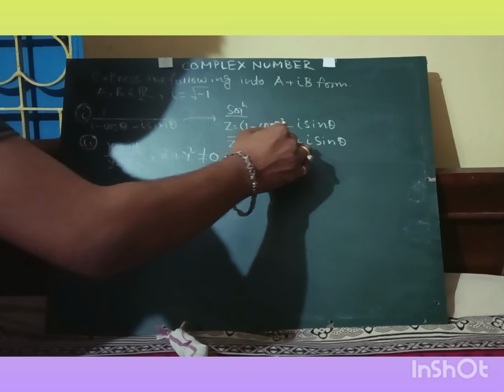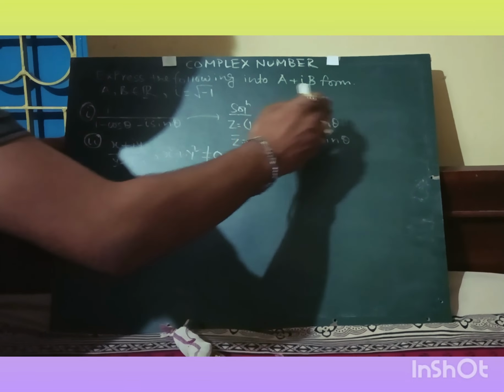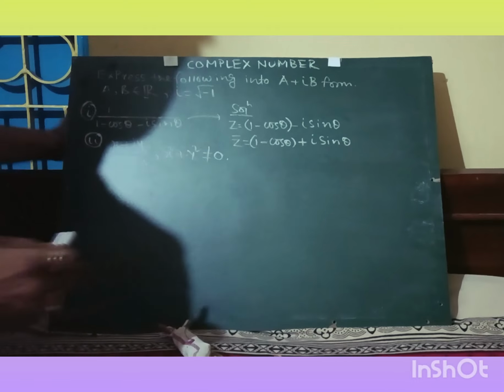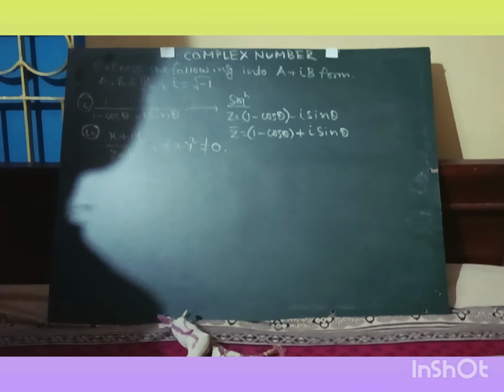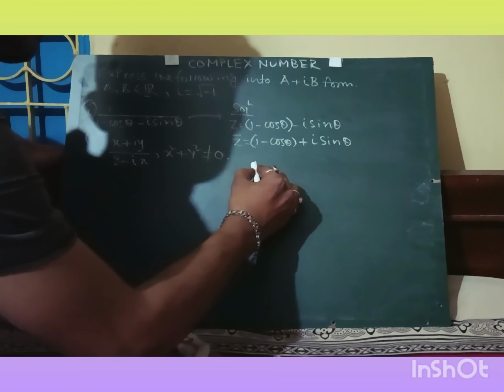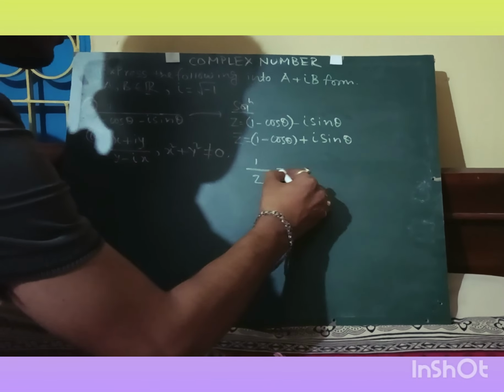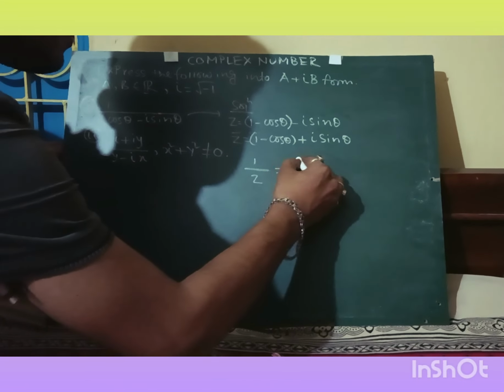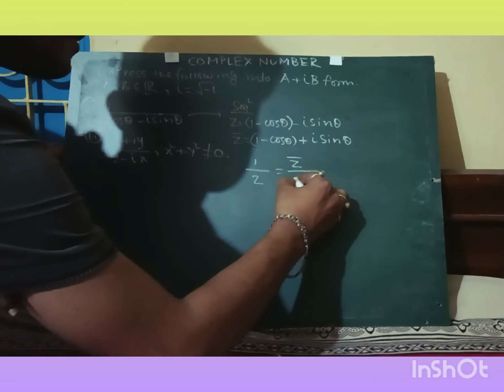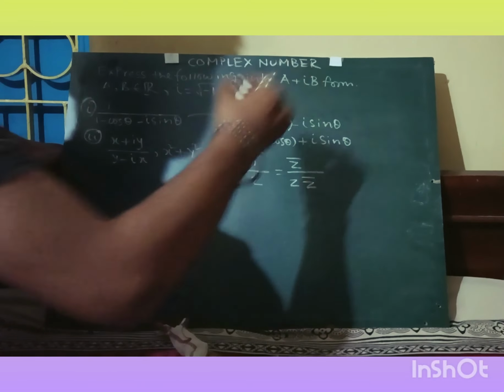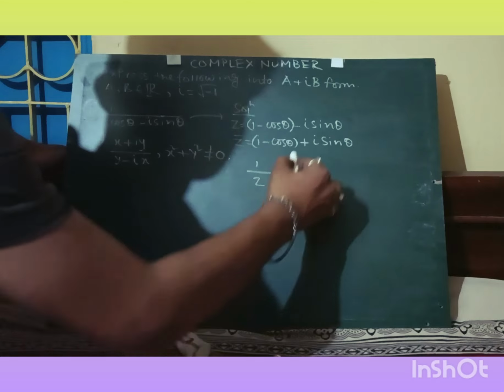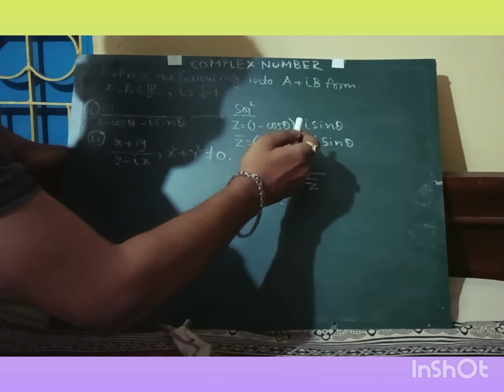If z is equal to 1 minus cos theta minus i sin theta, then z bar is equal to 1 minus cos theta plus i sin theta. Now 1 by z is equal to z bar by z bar. That is, we multiply z bar on numerator and denominator.